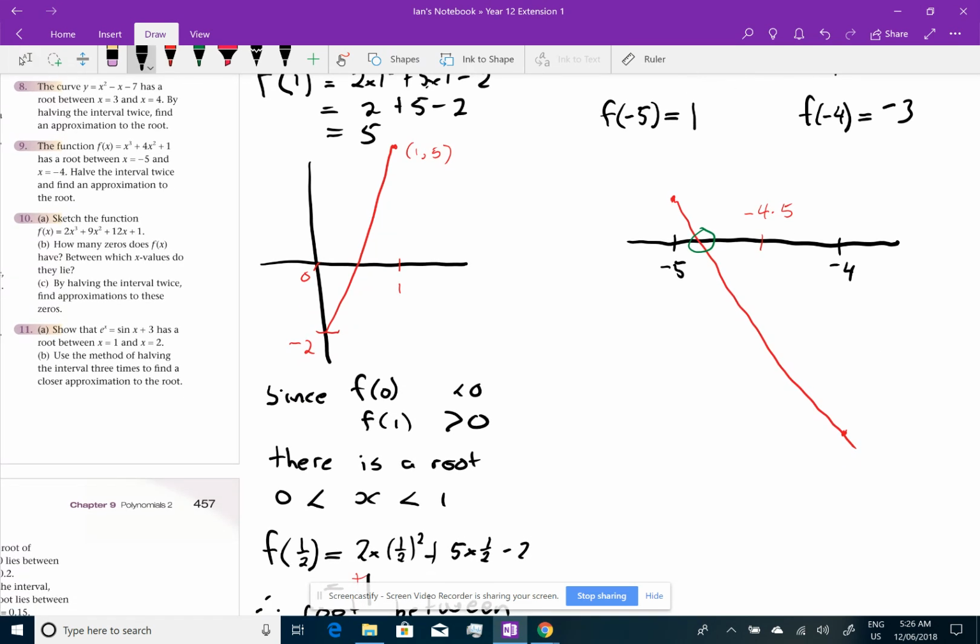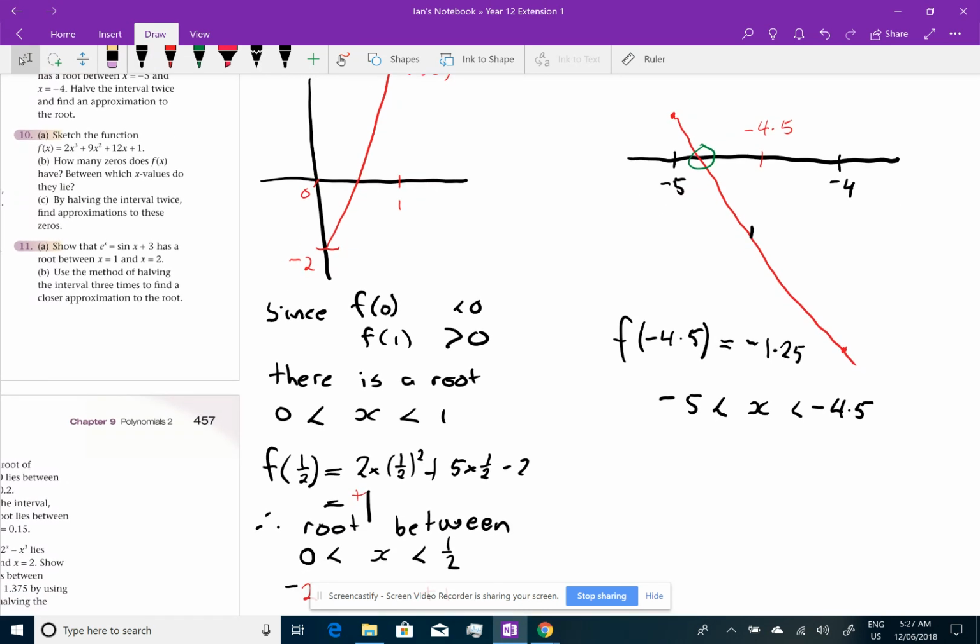So at f of -4.5, I put that into my calculator, and I get -1.25, which makes sense. So now I know that the root lies between -5 and -4.5. And then they say, well, which is the better one?